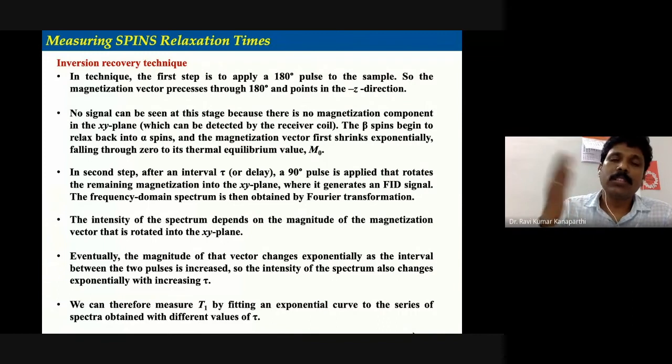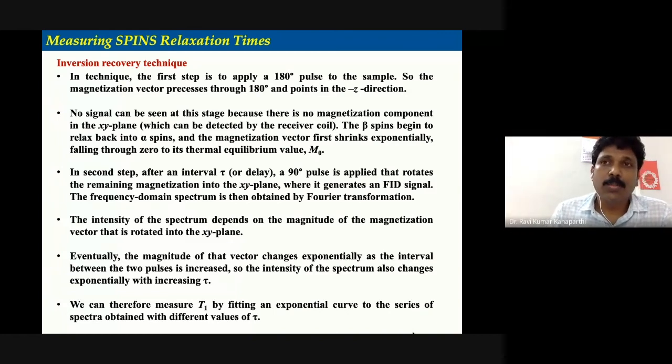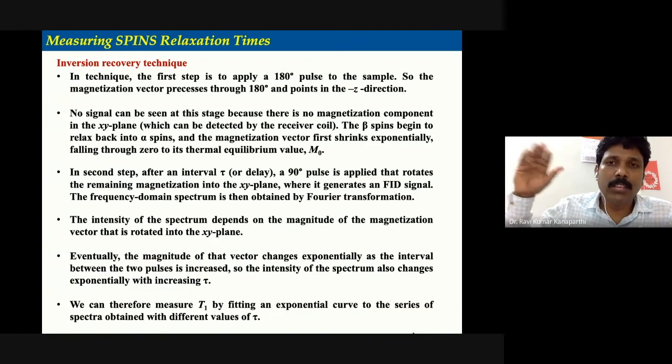This process follows an exponential pathway, and in fact it touches zero as well. Once it reaches the XY plane, the detecting coil, or the receiving coil, starts recording the signal, and the signal slowly emerges in the XY plane.